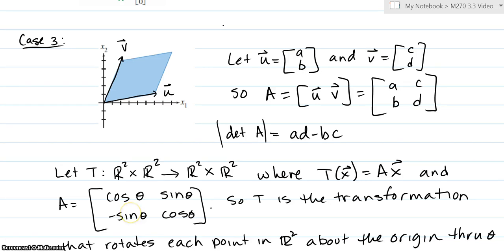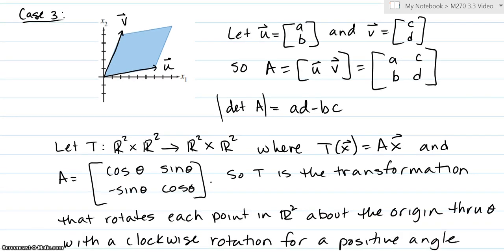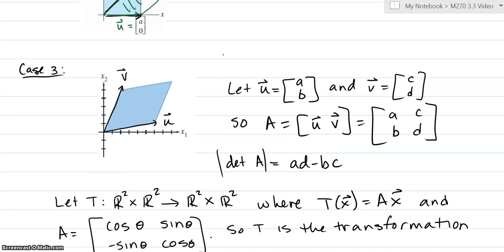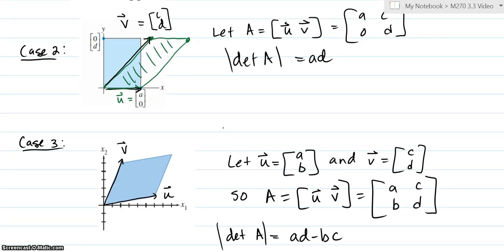This is actually a clockwise rotation. It says here T is the transformation that rotates each point in R2 about the origin through theta with a clockwise rotation. We in the past did a counterclockwise, but I want this one to be clockwise because what I'm going to do is I want this to go down to the x1 axis. So then I just end up with case 2.